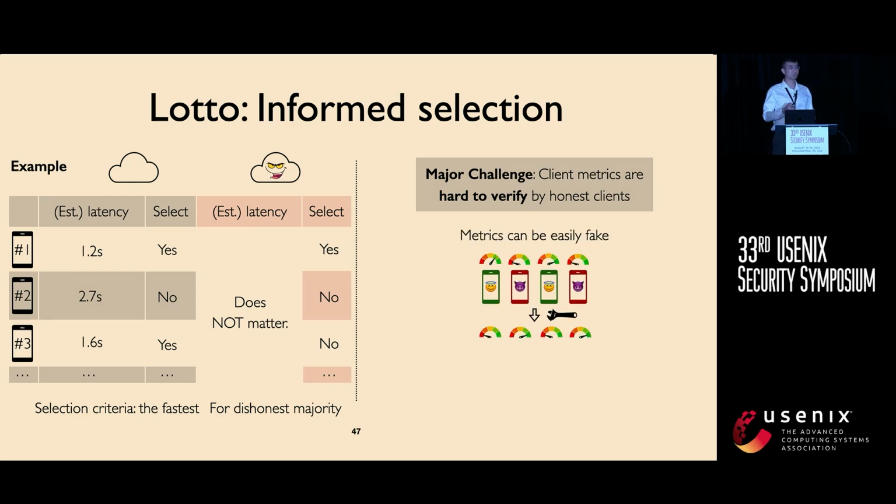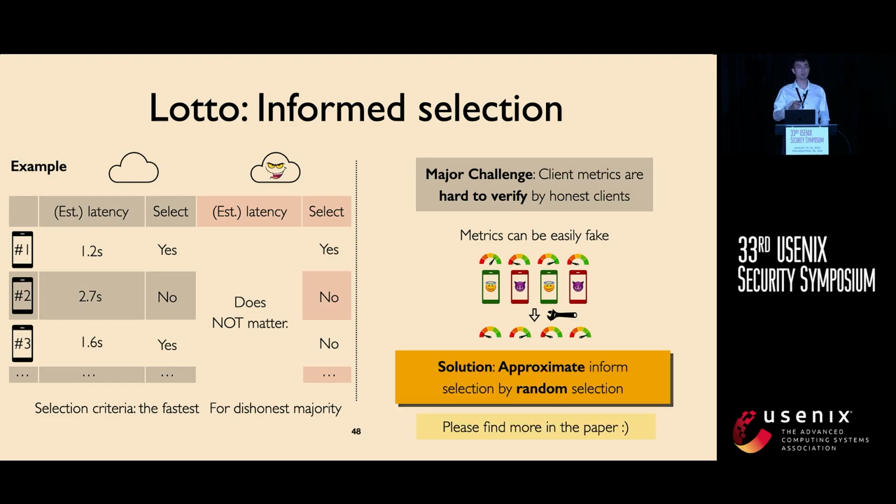This is because the server or the dishonest participants can easily produce or use fake metrics. So to make this process really secure, we argue that something verifiable has to be introduced, and that should be the verifiable randomness. To that end, we propose to approximate each informed selection process with a random selection one. This is the high-level idea. For more details, please refer to the paper.